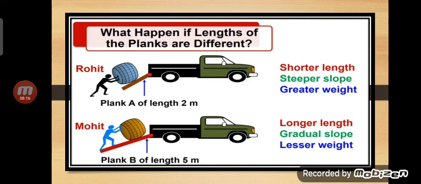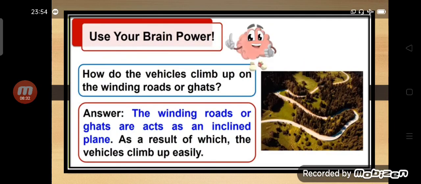Therefore, he has to apply a lesser force. From this, children, we conclude that the effort needed depends on the steepness and the length of the plank used. Right? Now, children, use your brain power.